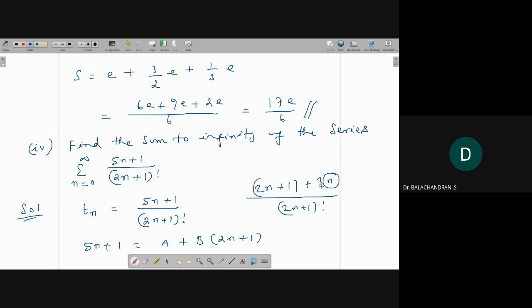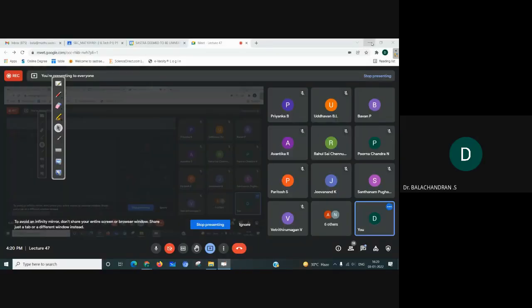Sir, I can't cancel. You can cancel, but if you cancel n, it becomes a discontinuous series, so using that it is very difficult to find the summation. I think Purnachandra got it: adding and subtracting 3 by 2.